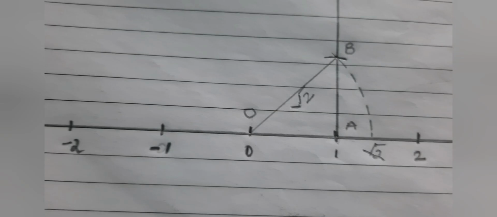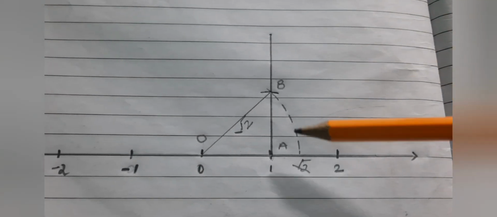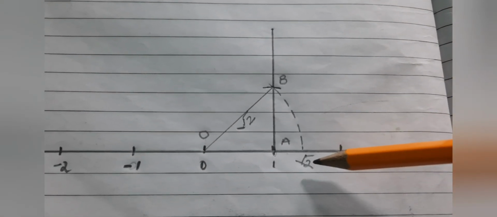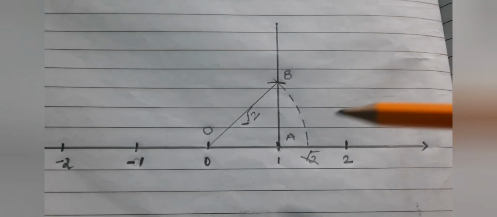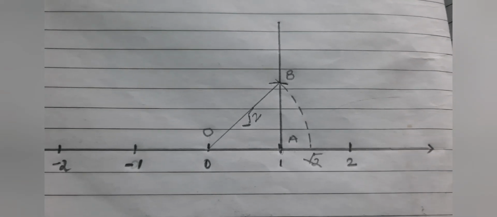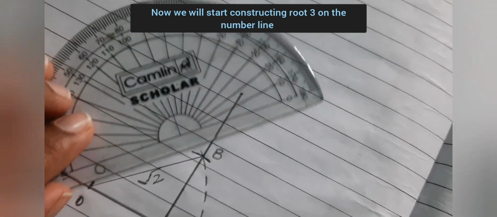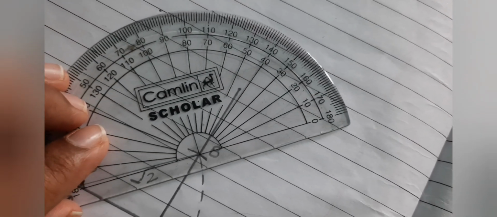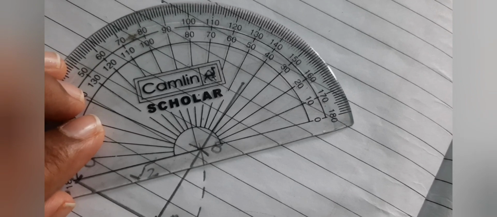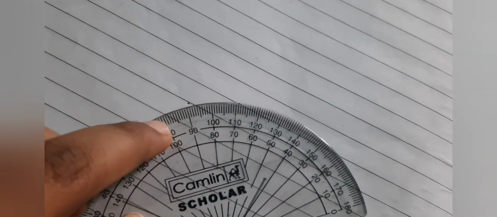So what is this point? This point is root 2, whatever you got. So we are done with the representation of root 2. Similarly, you will have to keep the T on this line, exactly bring it over here, and mark the point at 90 degrees over here.